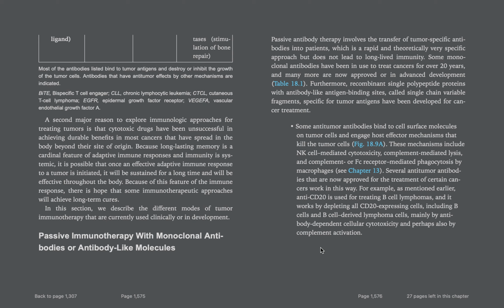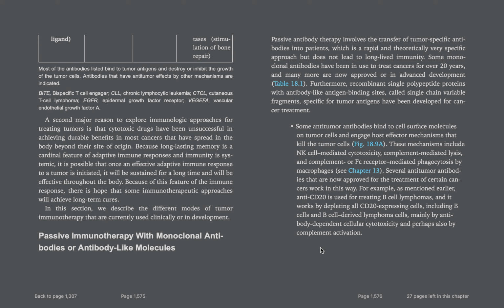Some anti-tumor antibodies bind to cell surface molecules on tumor cells and engage host effector mechanisms that kill the tumor cells. These mechanisms include natural killer cell mediated cytotoxicity, complement-mediated lysis and complement and Fc receptor-mediated phagocytosis by macrophages. Several anti-tumor antibodies that are now approved for treatment of certain cancers work in this way.